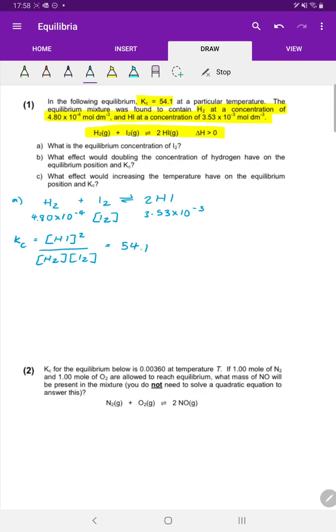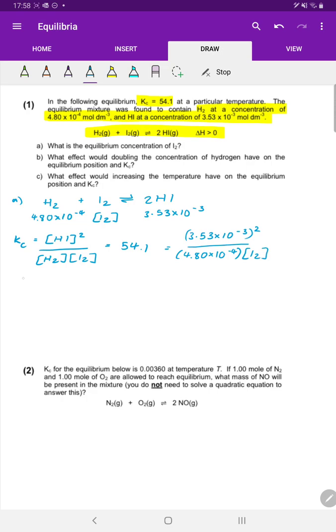So I'm just going to write it out again with the numbers in. Okay.